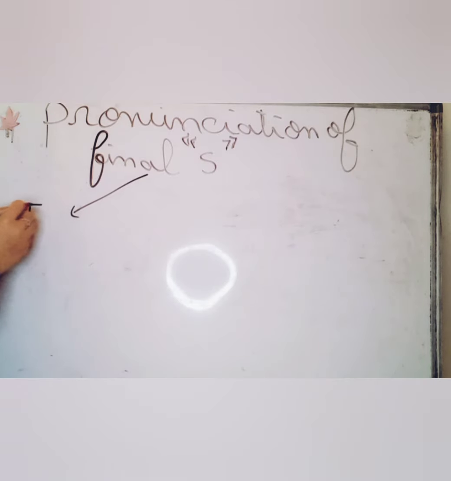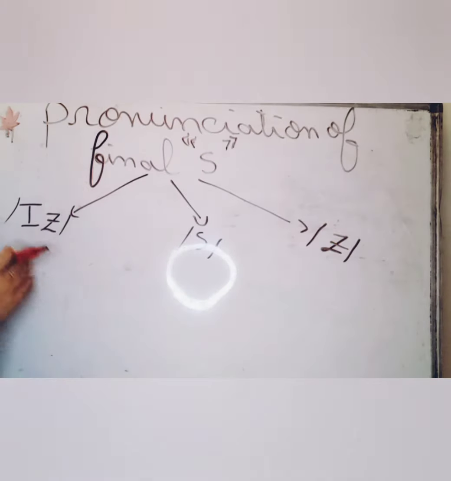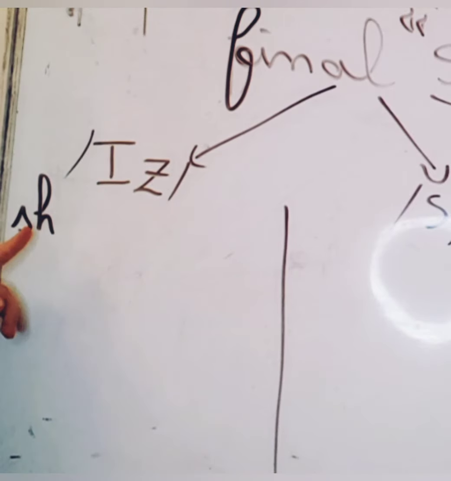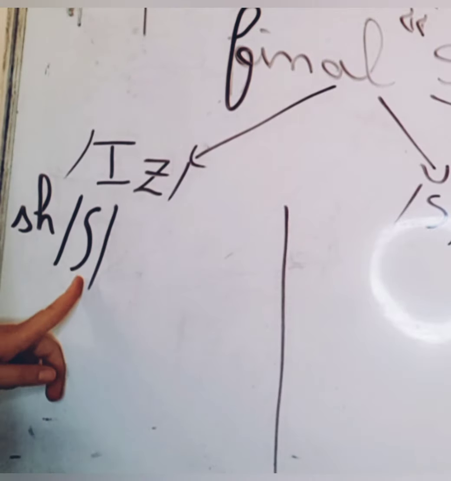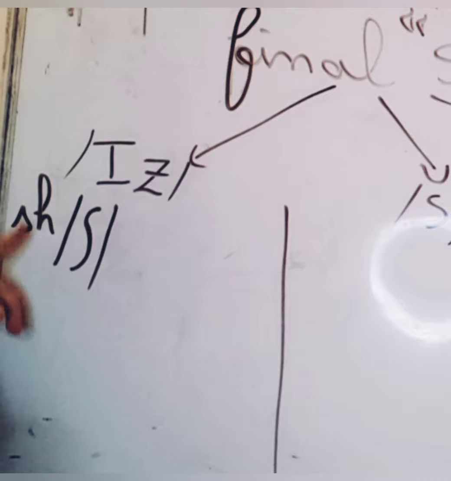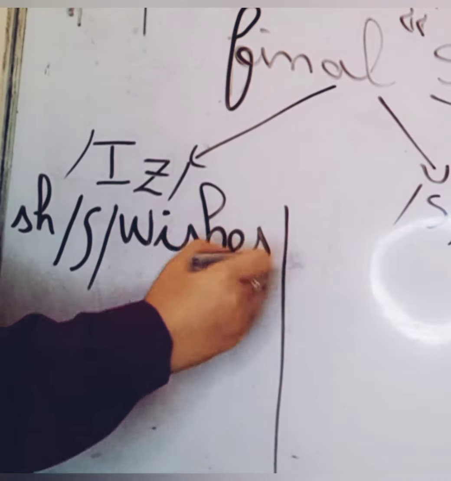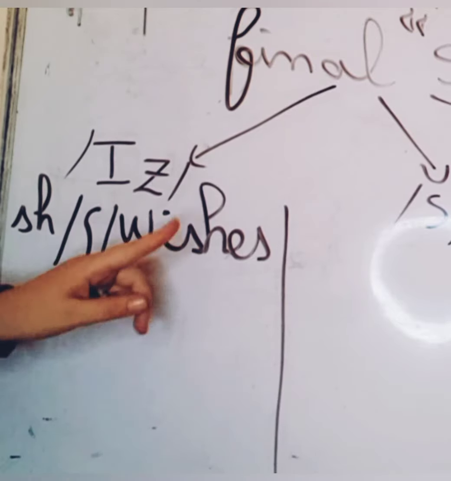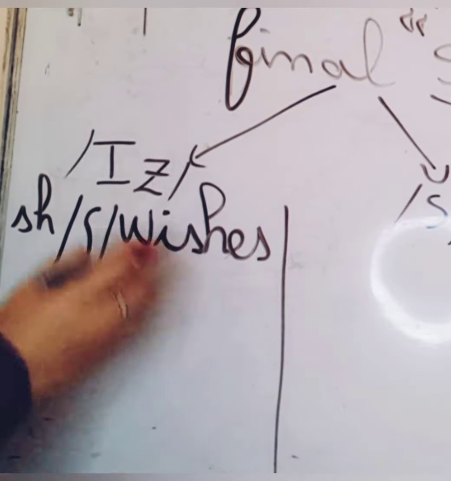We have Z, and the second one is starting with Z. For example, when you have SH, or we can say this is the sound sh, we pronounce the final S as "iz". Like wishes, because before it there was SH, this final S we pronounce "iz".